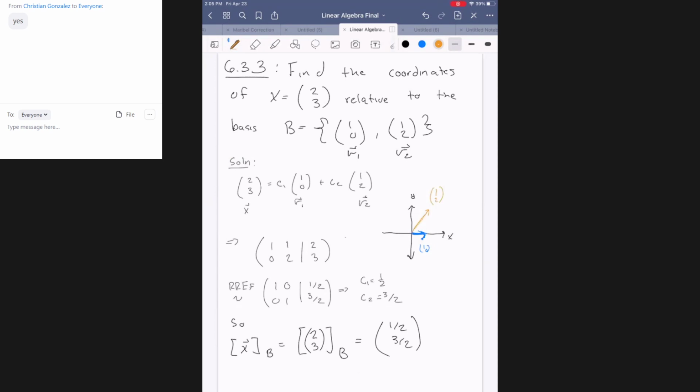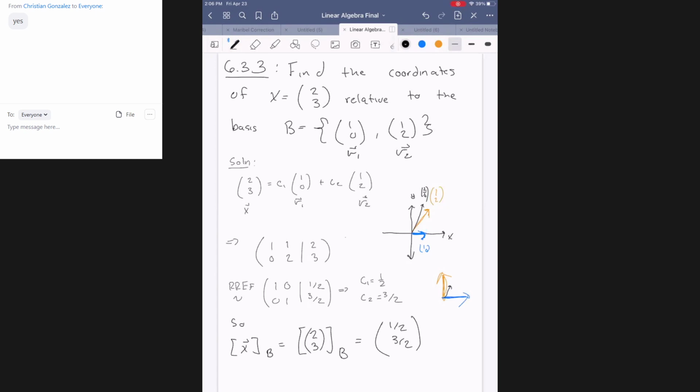If you were to look at this as a new coordinate space, and you were to plot the vector (2, 3) in this new coordinate plane, that vector is going to have coordinates 1/2, 3/2.